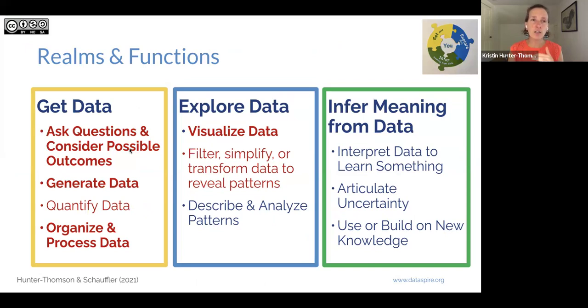Well, we've got our asking questions, considering possible outcomes, generating data, quantifying data, organizing and processing data, visualizing it, revisualizing it, iterating again on those visuals, filtering, simplifying, transforming the data to reveal patterns.